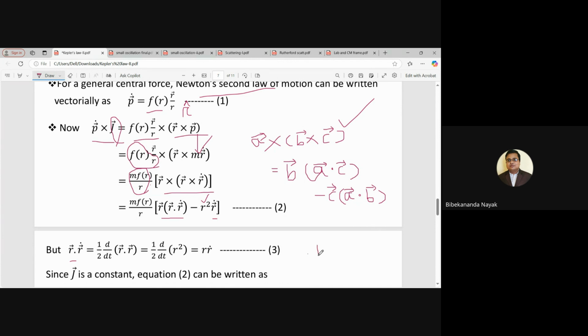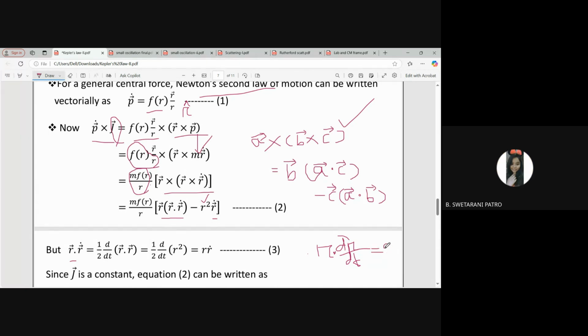So we have r dot dr by dt, and it is the same if you write first dr by dt then r.